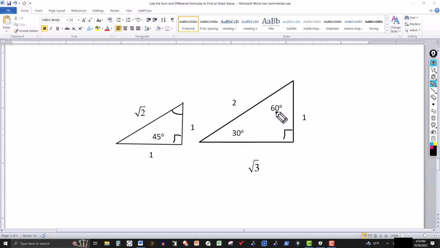For example, 135. If you want to find the exact value for the sine of 135 or cosine of 135, tangent of 135, well, the reference angle of 135 is 45. So you'd be using this triangle here.